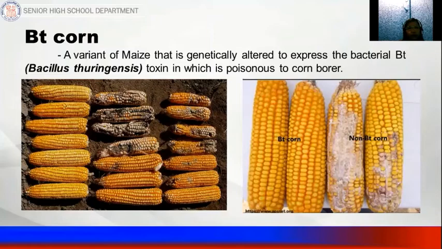For this, the DNA structure of maize or corn was altered, meaning the DNA of the maize was modified so that later on it will not be affected by the growth of poisonous bacteria. So this is a sample to grow corn that is without disease or without bacteria.